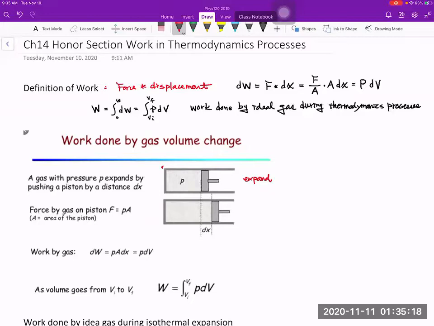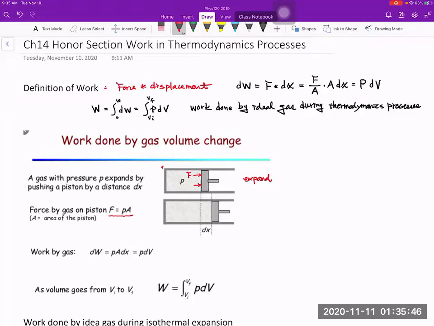If it expands, there's a force inside the gas pushing on the piston, and that force is related to the pressure: it is simply equal to the pressure times A. We know the work is the force times the displacement.